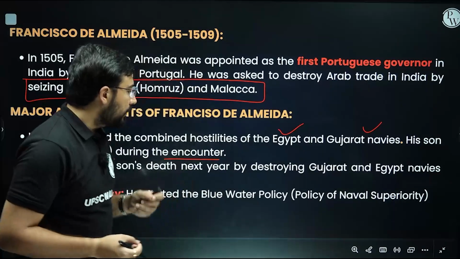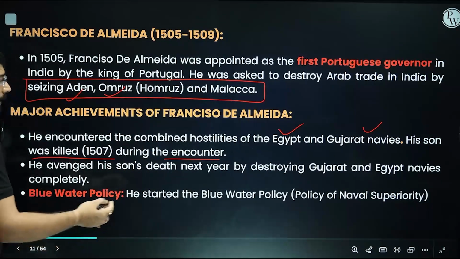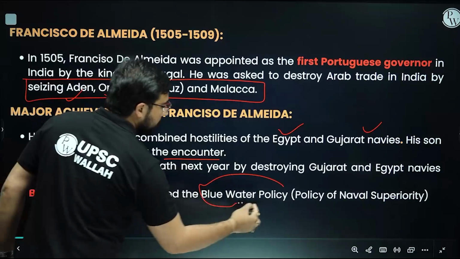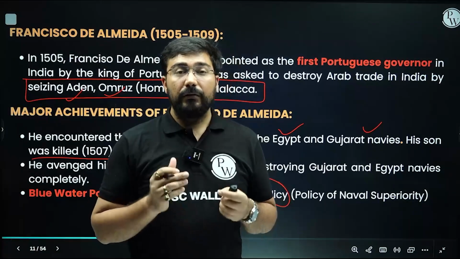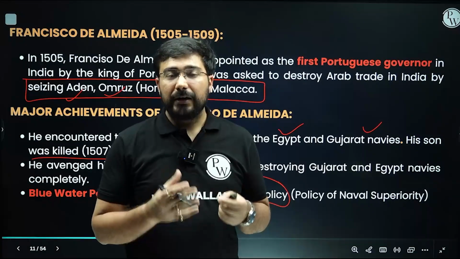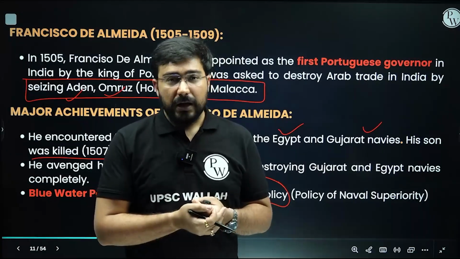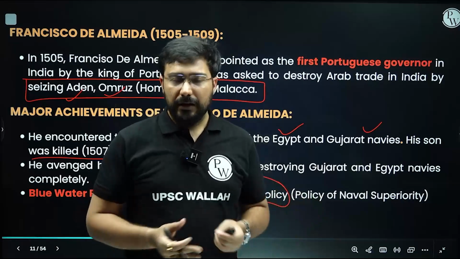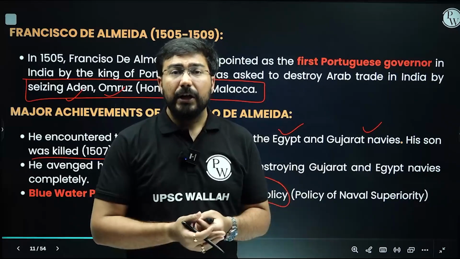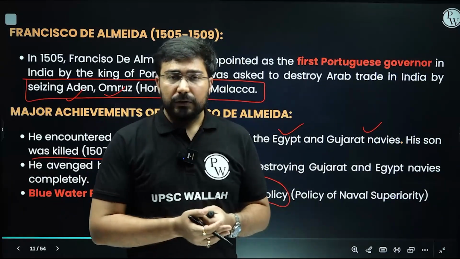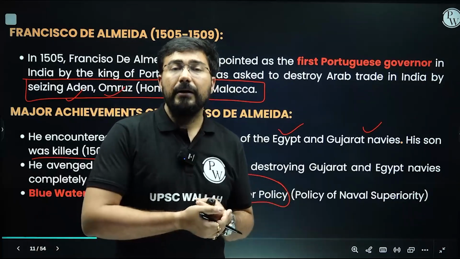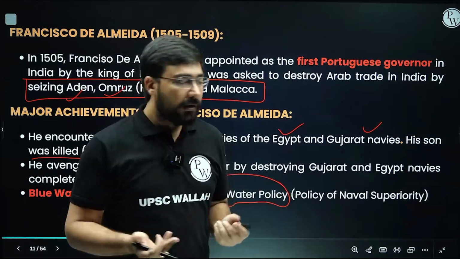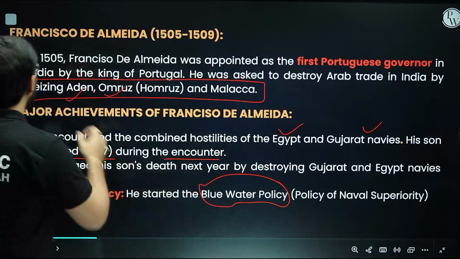In the Battle of Diu he was able to defeat them, and then he started something which is known as the Blue Water Policy. Blue Water Policy means that your navy should be strong enough to fight a war even in the middle of the ocean. It should not be just around the territory, which is known as the territorial waters. It should be about the high seas. That's why he wanted to create such a navy which can fight in the high seas, which is, in other words, also known as the Blue Water Policy.